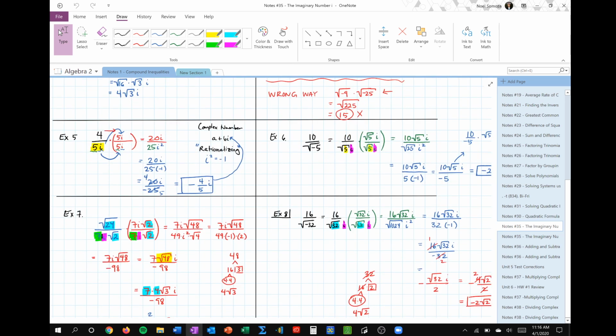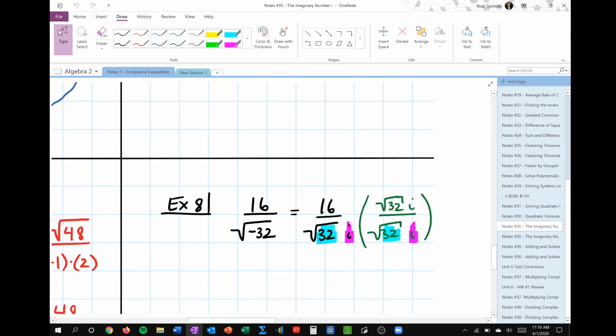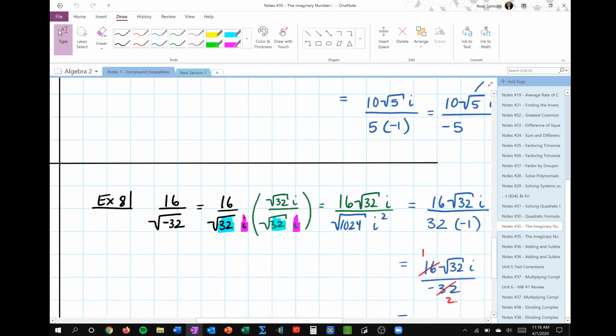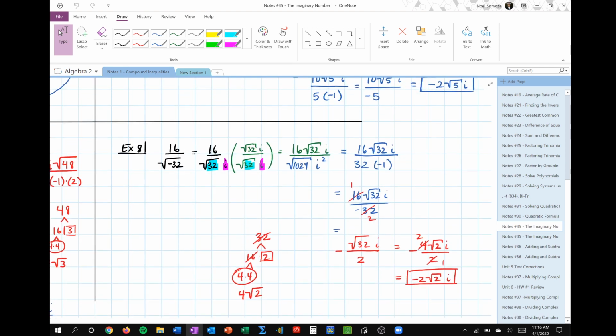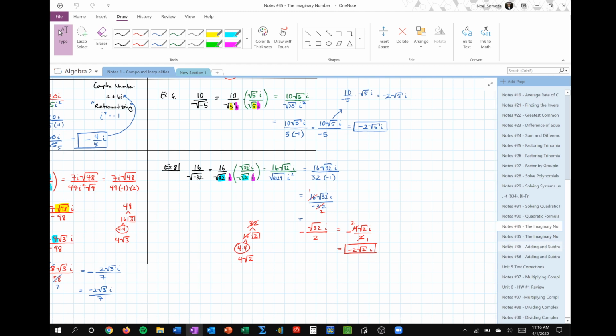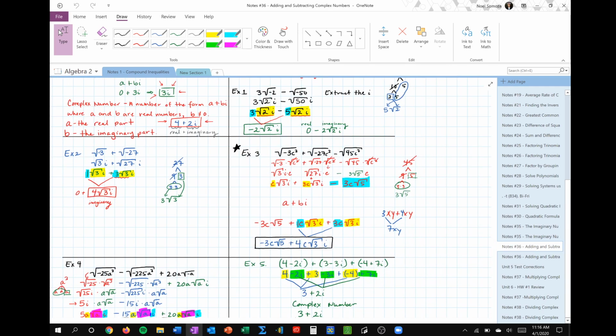You might get one where you have a negative square root in the denominator, then you've got to extract it, and you've got to multiply the top and bottom by it, and simplify, things like that. Notes 36 is adding and subtracting. Okay, so those are the two notes to focus on.